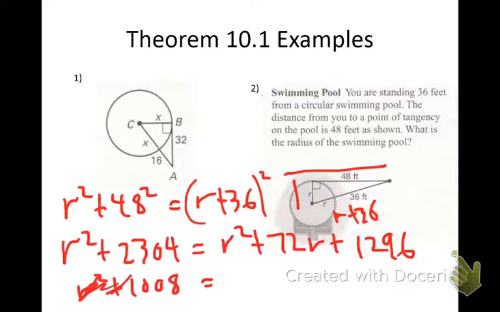It's going to be 1,008 equals 72r. How many times does 72 go into that? 14? So r equals 14. Questions?